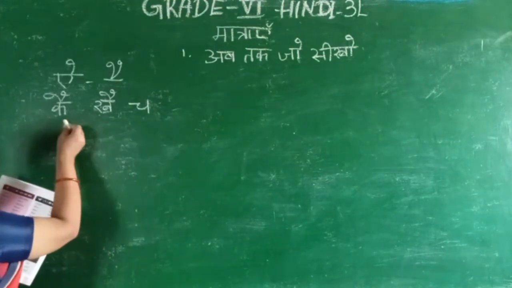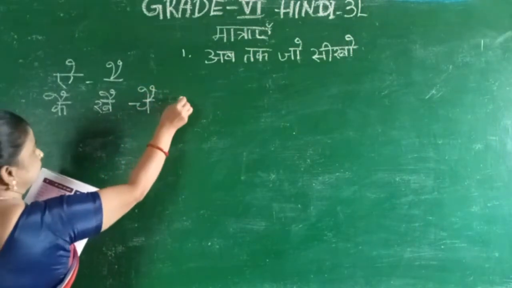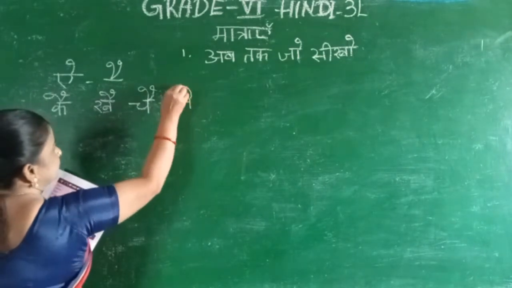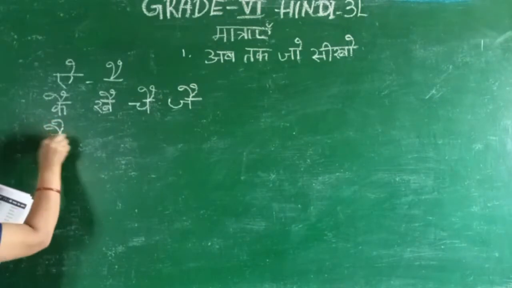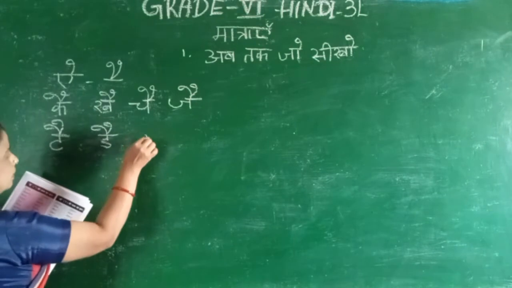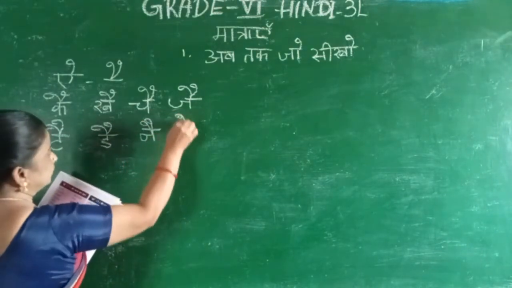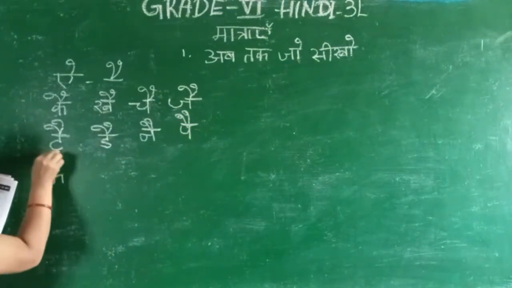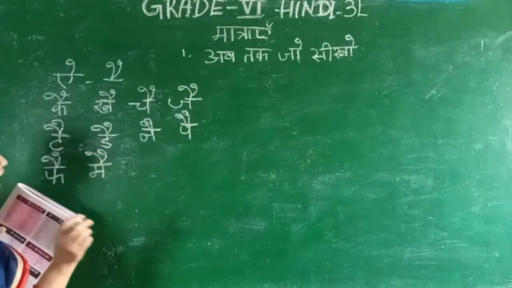So for example: chai, jai, tai, dai, nai, pai, hai, mai. The sound is I sound.